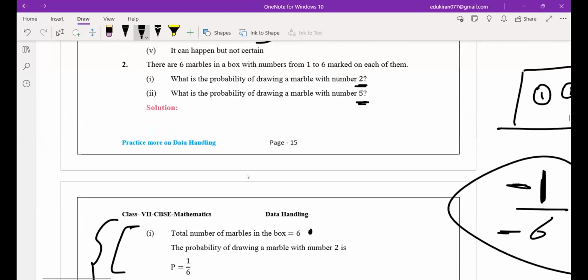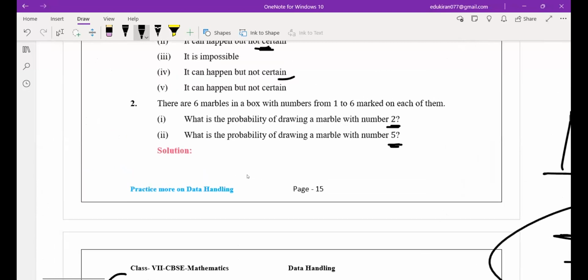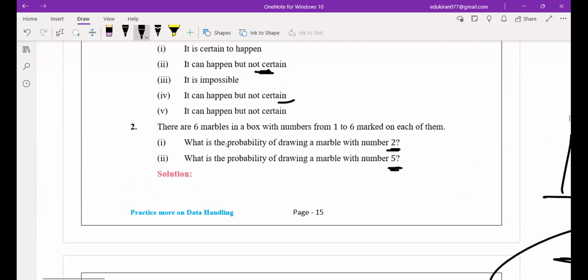Okay. Now coming to the next one, this question. Do this question in your notebook with the proper formula and then we will discuss the answer. Okay, question number 2. Clear? Yes, ma'am.